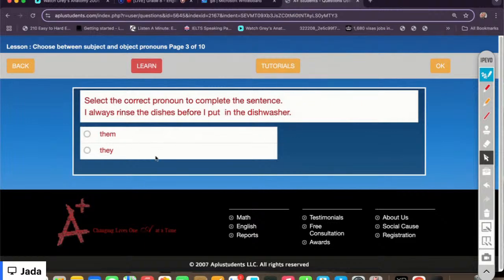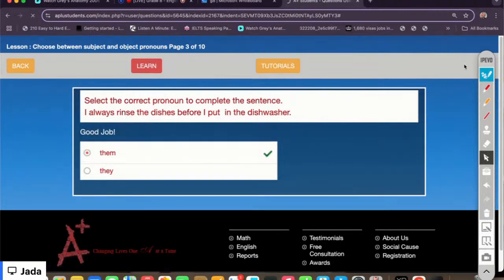So put them or put they? Which one is the right one? So, I put them in the dishwasher.